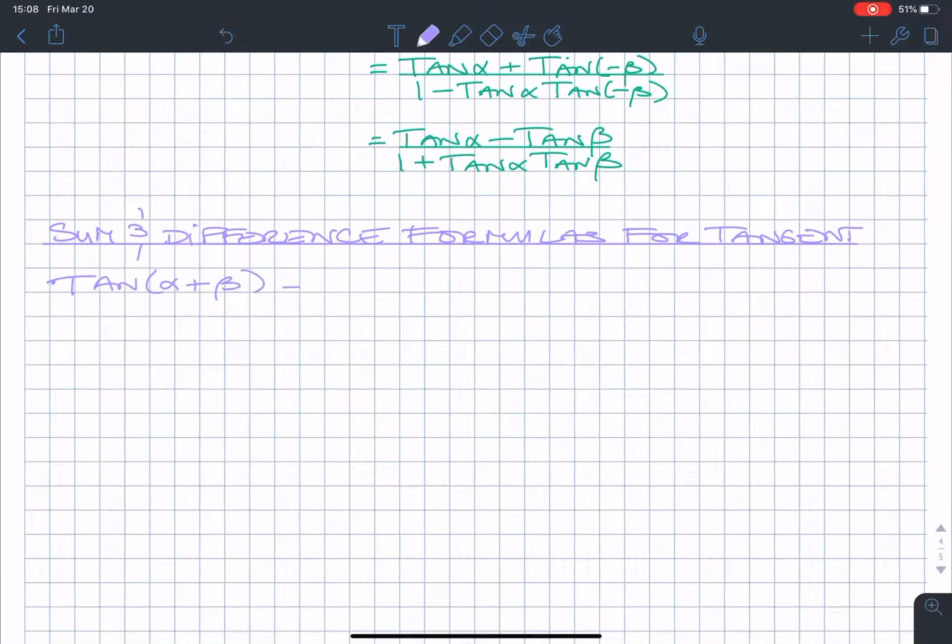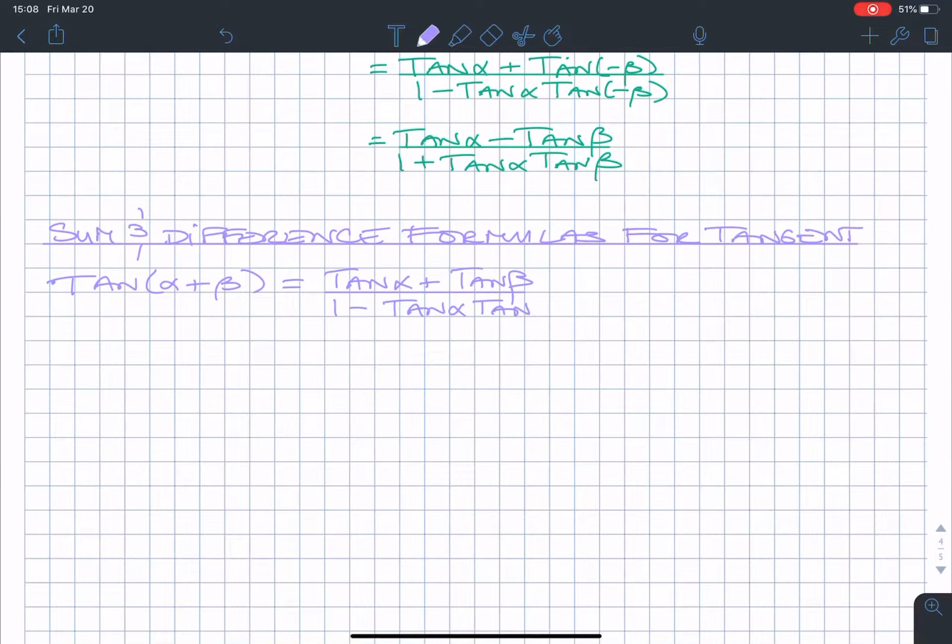So remember, sine is in the numerator and sine corresponds in sine. So that is, I'll have tangent of alpha plus tangent of beta. And he has cosine in the denominator, which is the opposite sign. So this is 1 minus the product tangent of alpha times tangent of beta.